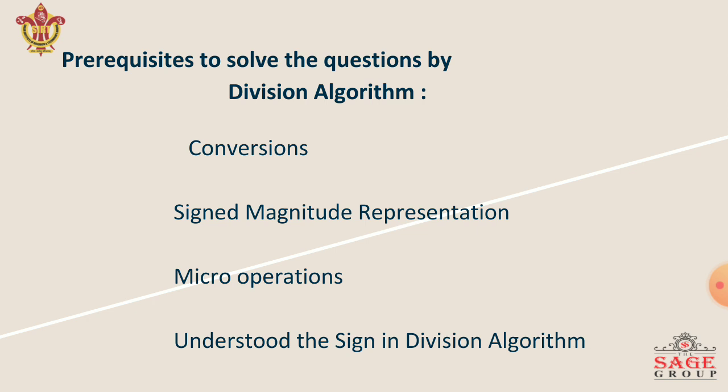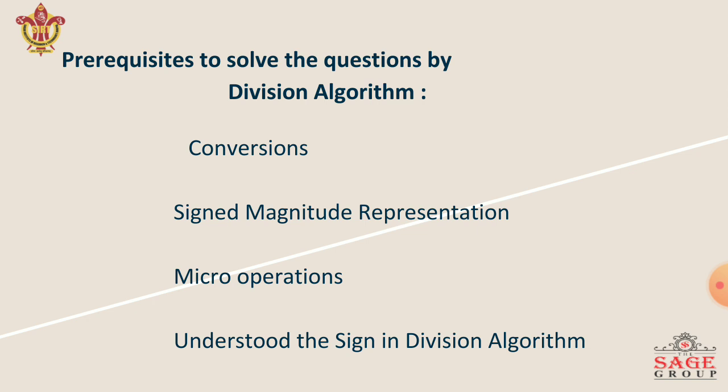And number two, sign magnitude representation. We covered this topic already in Booth multiplication algorithm, and some micro operations are also used in division algorithm, so we also need to know about them.